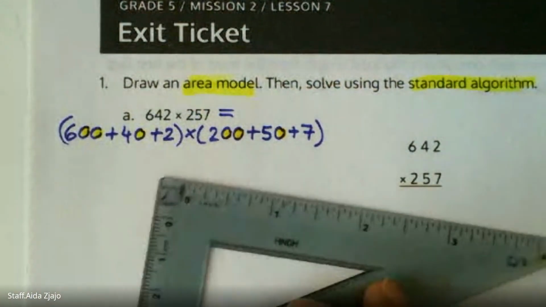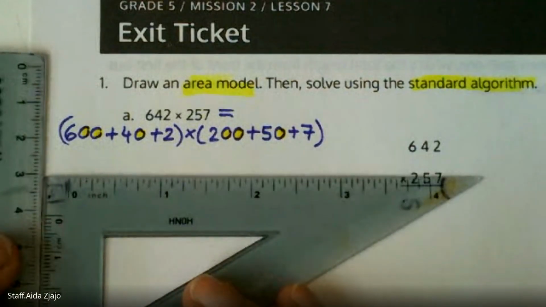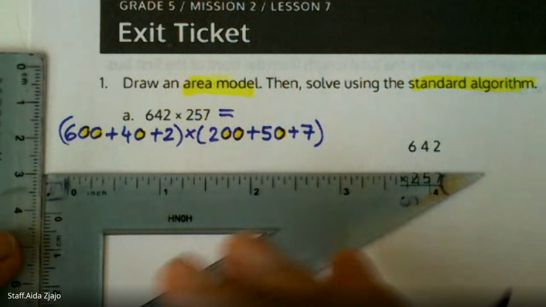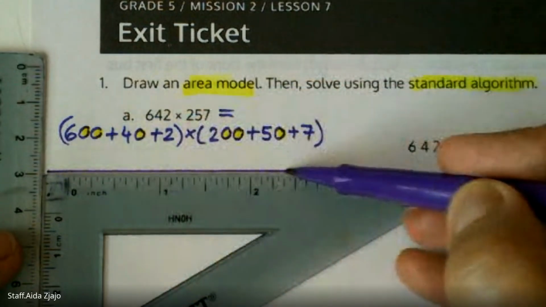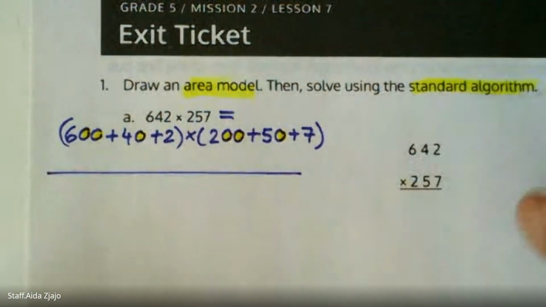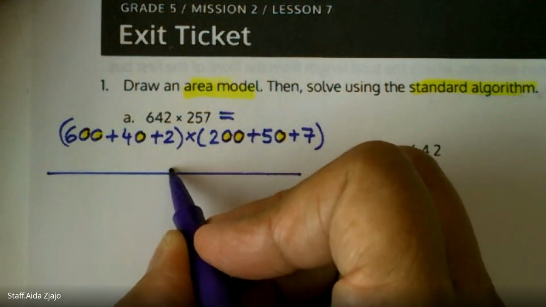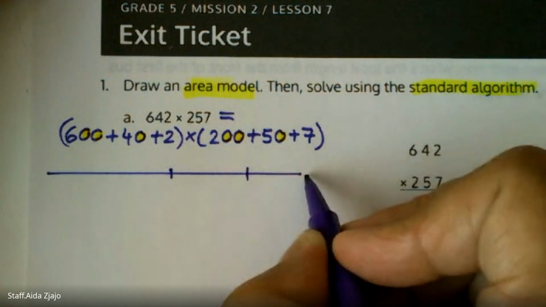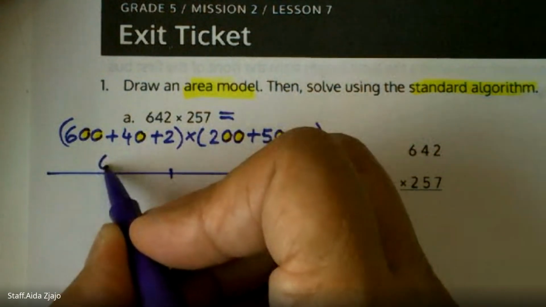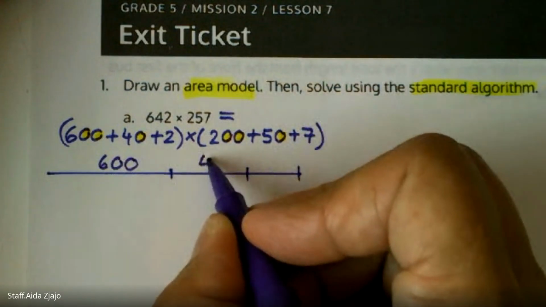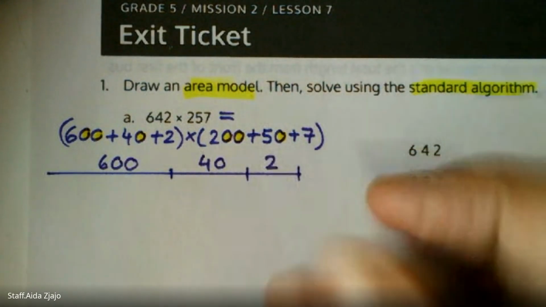Okay, let's do it. So now I'm going to make this line, and now I need it to change into 3 numbers. So 1, 2, and 3. 600 plus 40 plus 2.